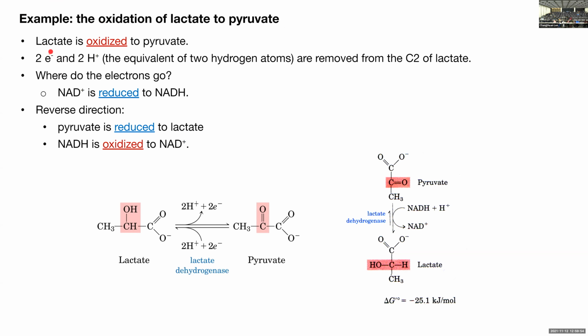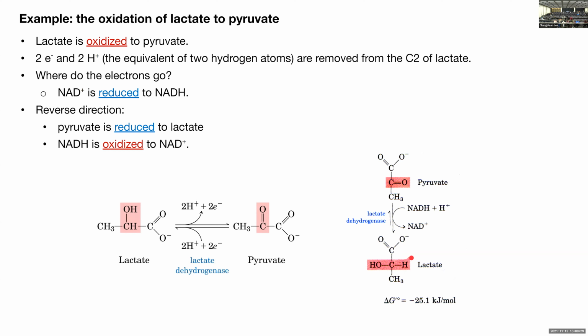Here the lactate loses two electrons as well as two hydrogen cations in this reaction to become pyruvate, and it's losing these two hydrogen atoms basically from this C2 of the lactate, and these free electrons are accepted by NAD plus, which is an electron transfer. So NAD plus is reduced to NADH.